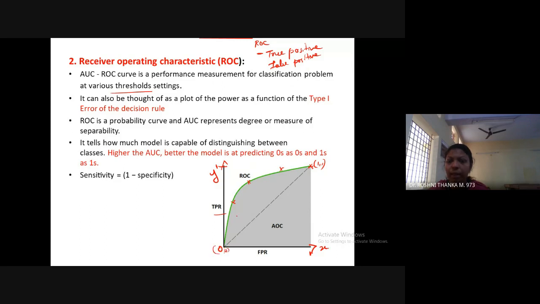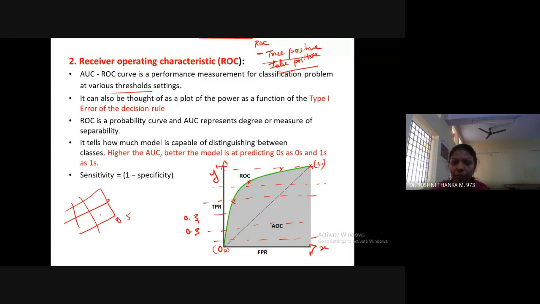After that we have to set different threshold values. You can set the threshold as 0.5, another as 0.2, another as 0.3. Likewise, using different threshold values, you calculate the true positive and false positive values from the confusion matrix.